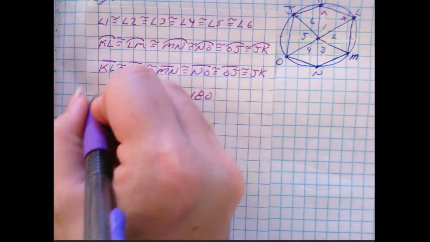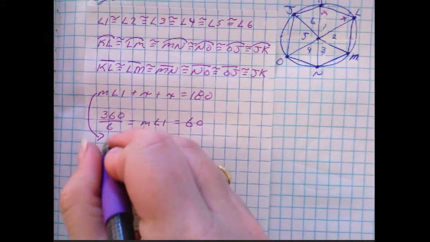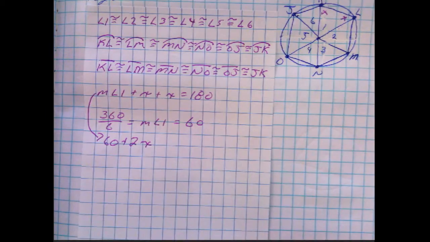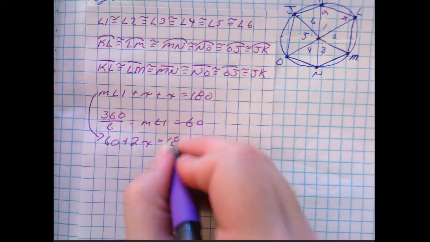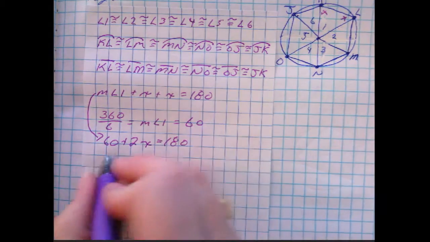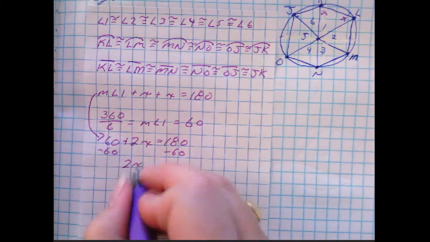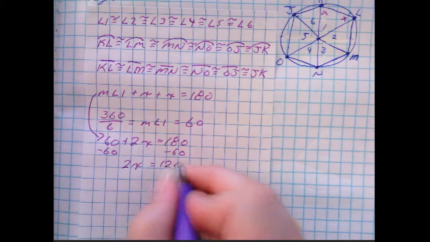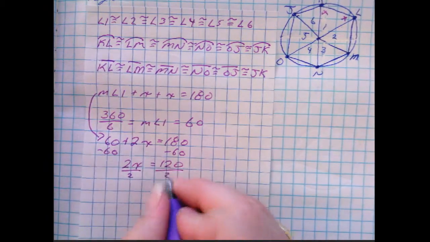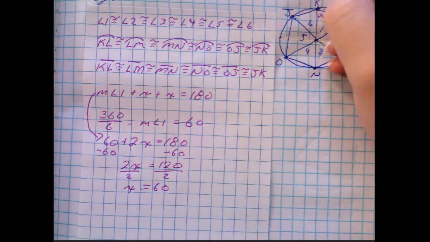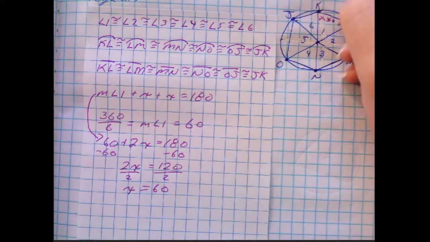From here, we have 60 plus 2x equals 180. If I subtract my 60, I get 2x equals 120. Dividing by 2, x equals 60. So each one of these is 60.